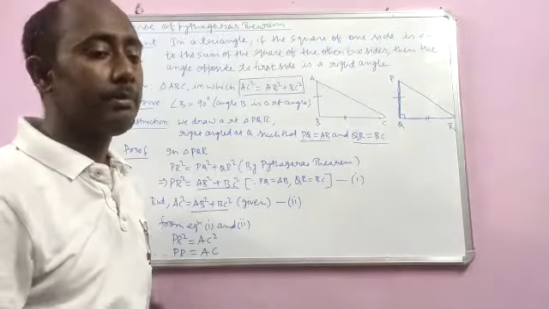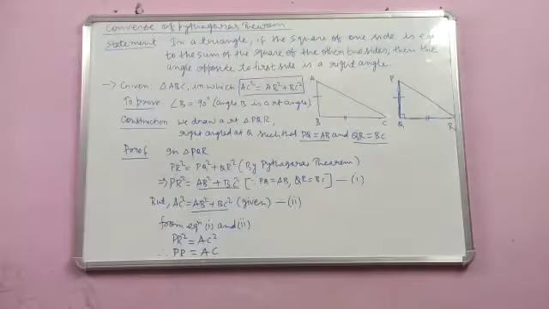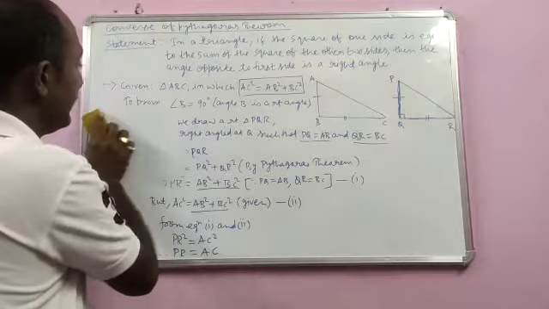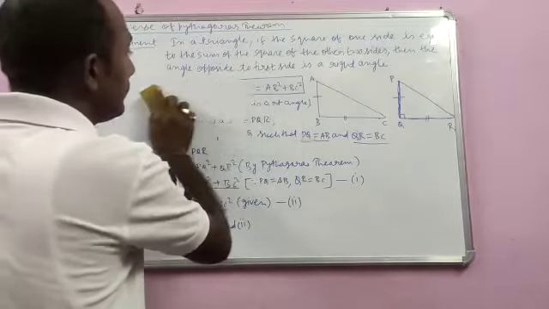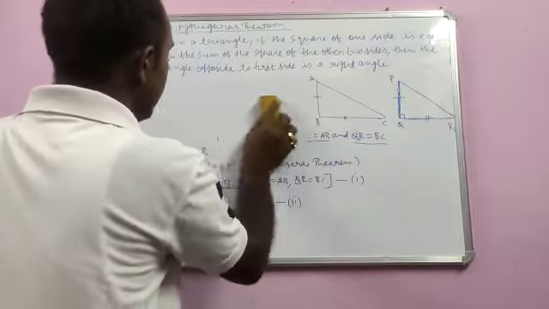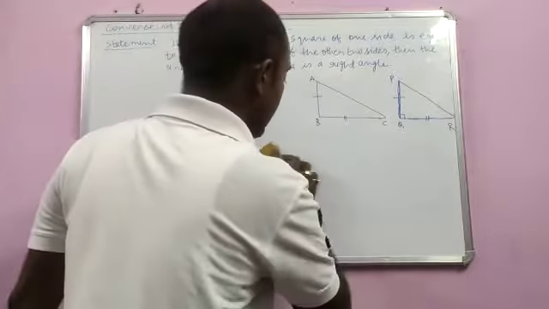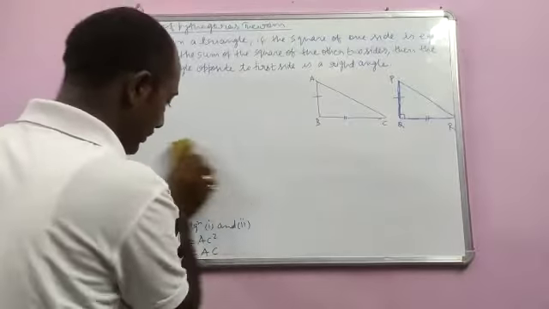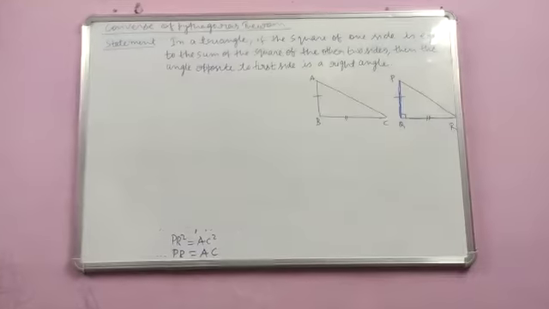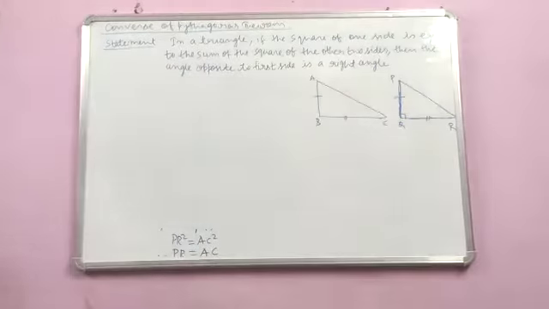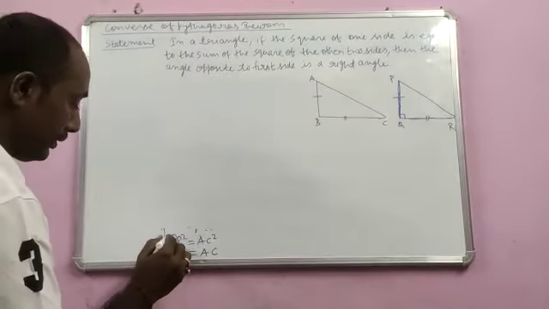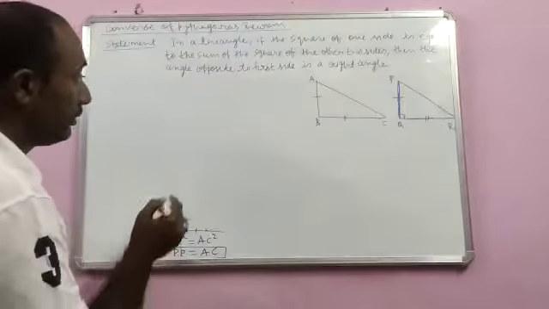So this is what we have to write next. We got this result, we will be using this result now, that PR is equal to AC.